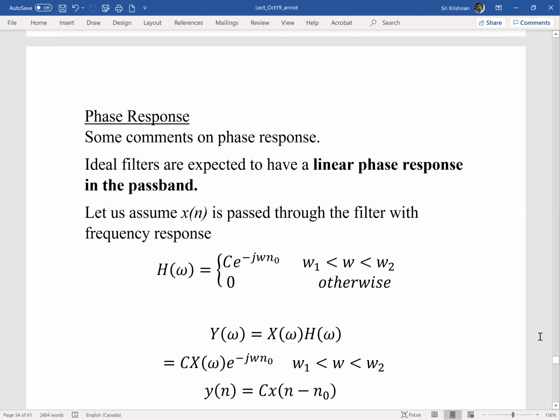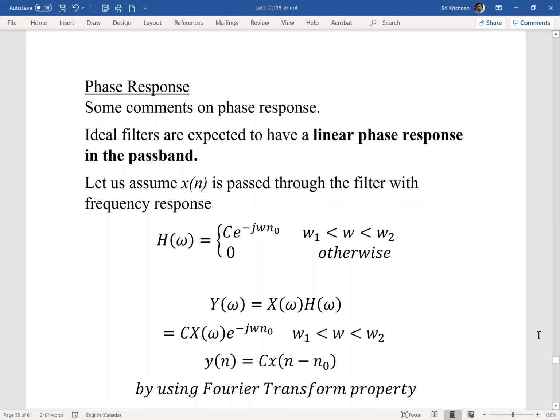Okay? Now, so far in all this filter design, we touched upon the essential idea of the frequency response of the filter, which is normally the magnitude response, because the frequency response does have real and imaginary parts. And when we take the absolute value, we are only interested in the magnitude response, which basically dictates your filter characteristics. Phase response, as I have been telling, is normally ignored in a lot of our analysis.